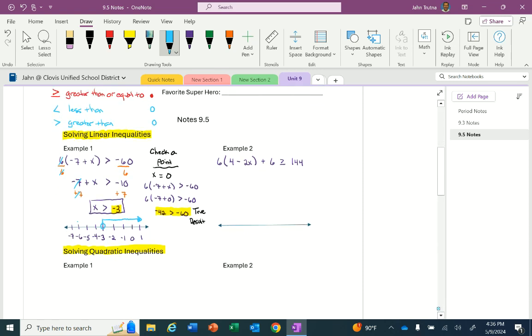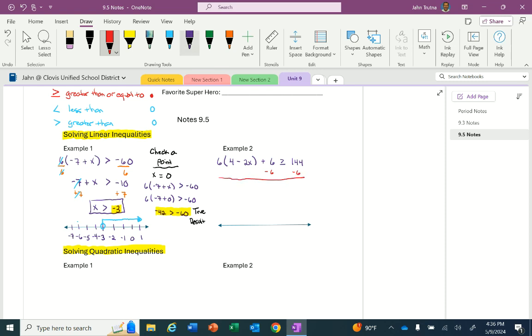Once again, you solve the linear inequality exactly as if there were an equal sign instead of the greater than or equal to sign, or whatever the inequality symbol has to be. So how would I solve this equation right here? Well, my first step would be to subtract 6 from both sides of the equation.